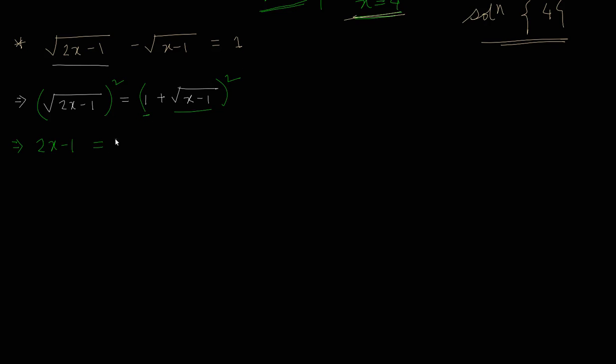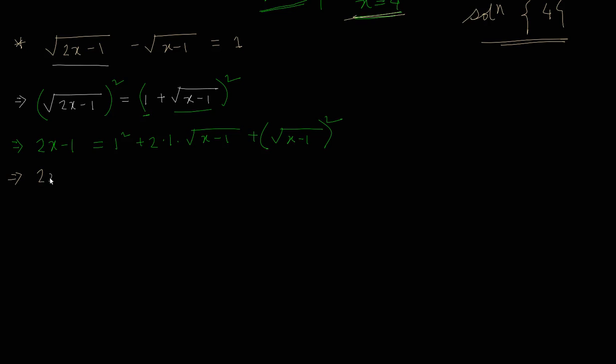So I'm going to have x square plus 2xy plus y square, where x is 1 and y is square root of x minus 1, and y square is square root of x minus 1 square. So I expanded this. Let's simplify a little bit.